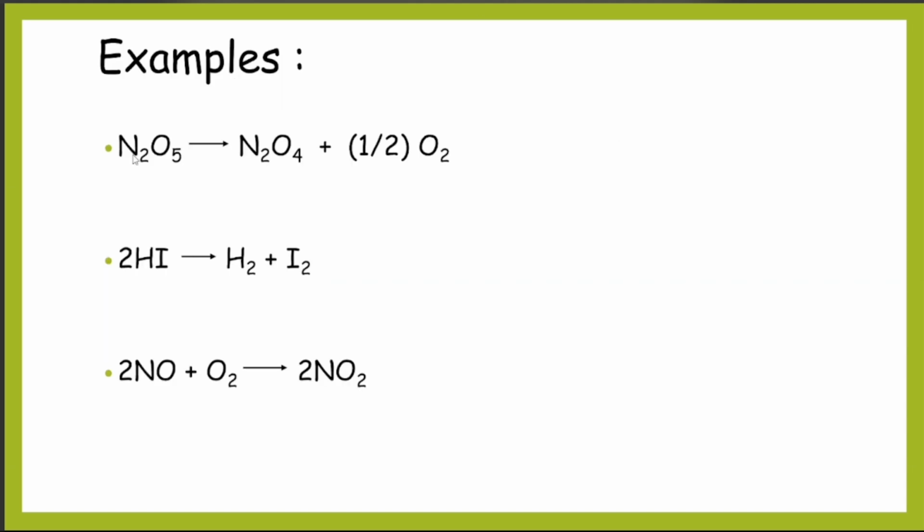So here the number of molecules present on the reactant side is only one, right? So the molecularity of this reaction will be 1 because there is only one reactant involved in this reaction.